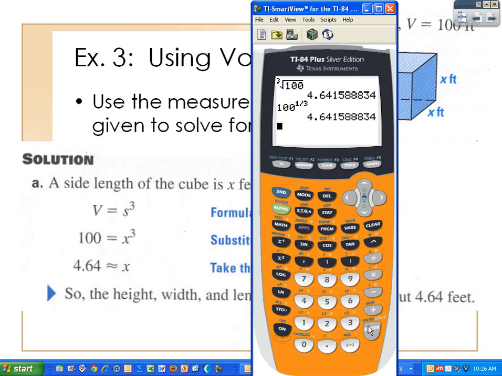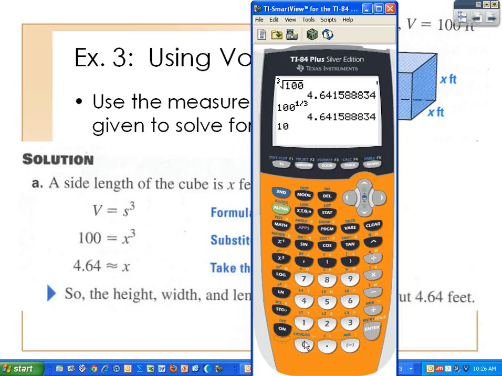Another way of doing that would be to take 100 and write 1/3 as a decimal, but what's the danger of that? Well, it's not perfect because it keeps repeating forever. So if I were going to do this, this is not recommended because of that.